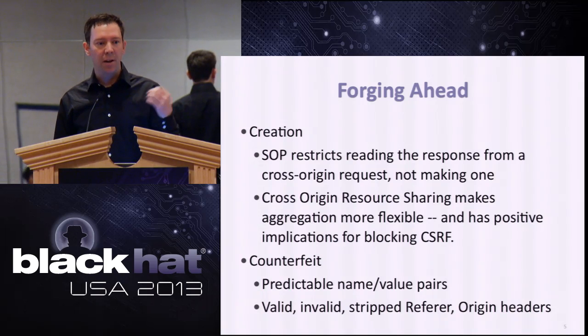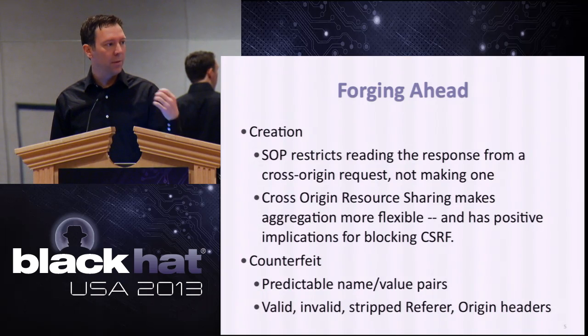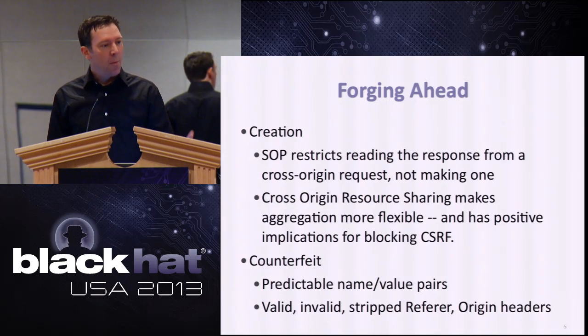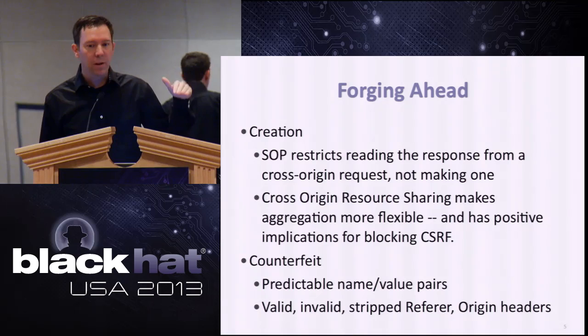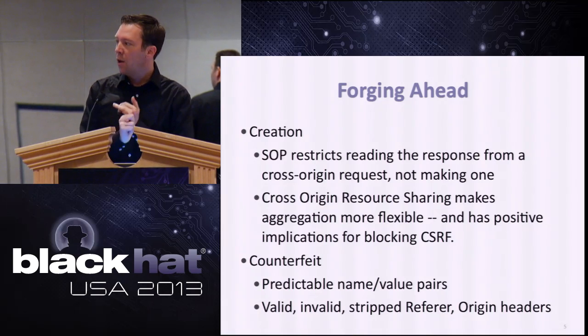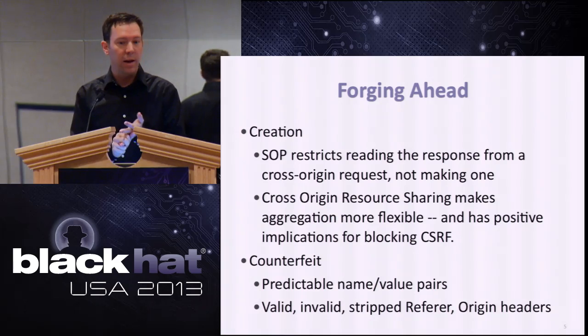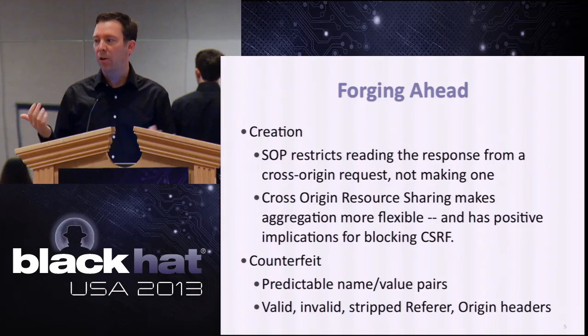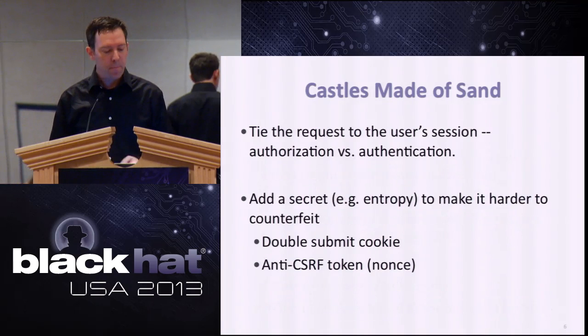The idea that we're going to add a nonce, something that's unpredictable, something that has a good random number in it that the attacker can't predict and include in this request. But also, with counterfeiting we have available to us things like referer headers and the newer origin headers that we can and should be checking that can help raise the bar in terms of countermeasures.